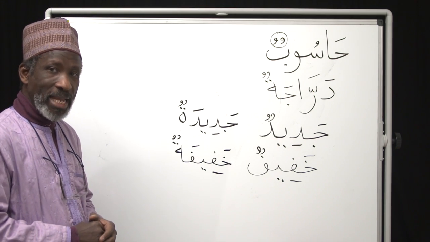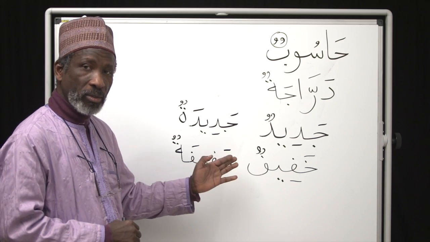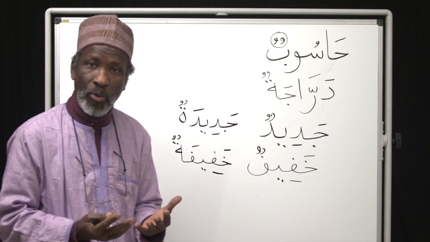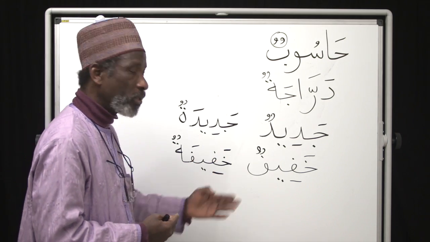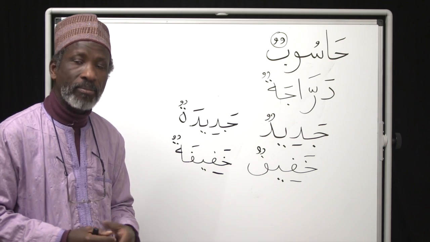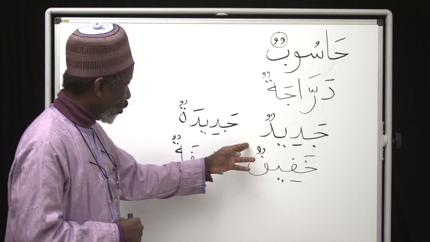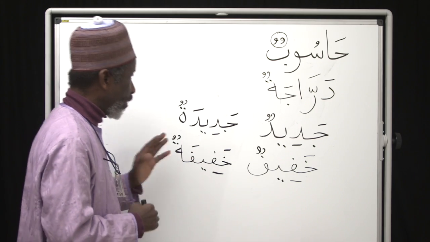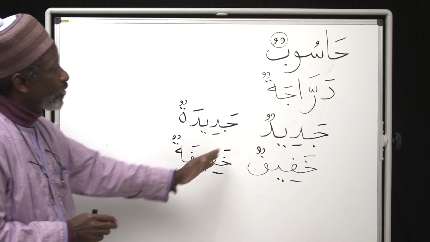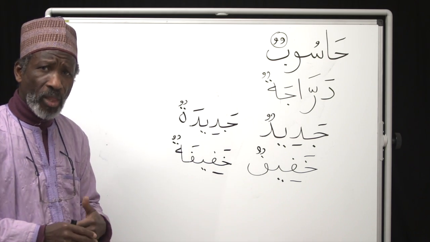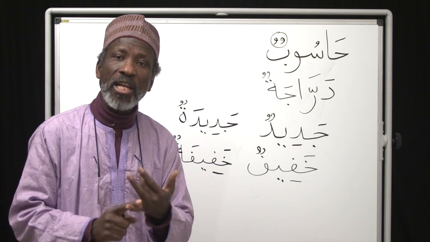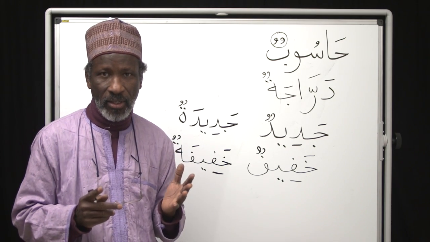The literal meaning of jadidun is a new, and khafifun, literal meaning would be a light in terms of weight. Right, okay, let's work with this now. Of course, you can have an indefinite phrase.